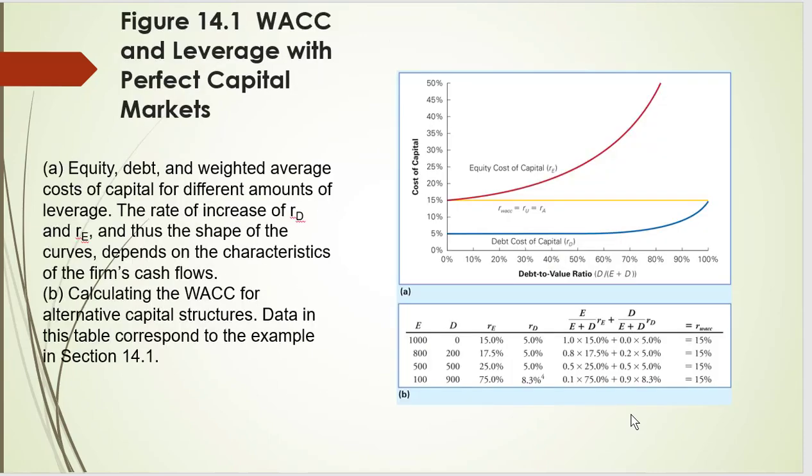Graphically, if we plug in some actual numbers, change the debt and equity, and do the calculations, we find that the weighted average cost of capital never changes. It goes straight across, no matter what you do to debt.